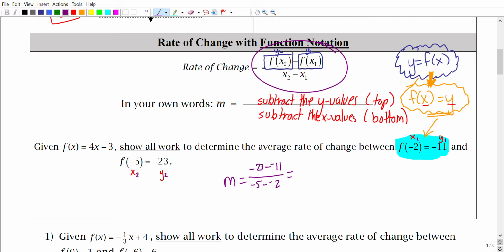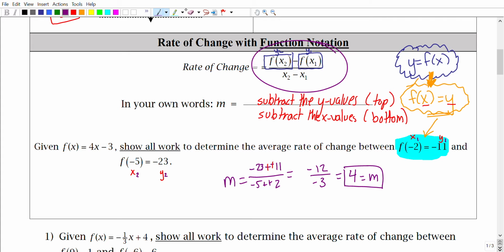Okay, so what do I get? Well, this is technically turning into a positive, so I get negative 12 over, again, another positive here, over negative 3. Those both have a negative 3 in common, so if I divide them out, I get m equals 4.